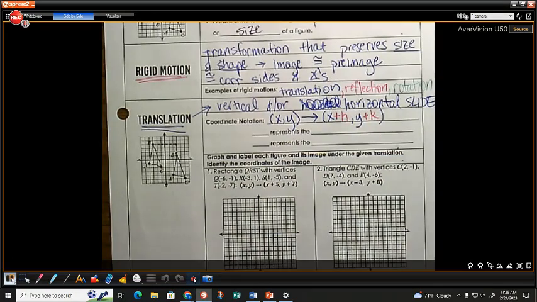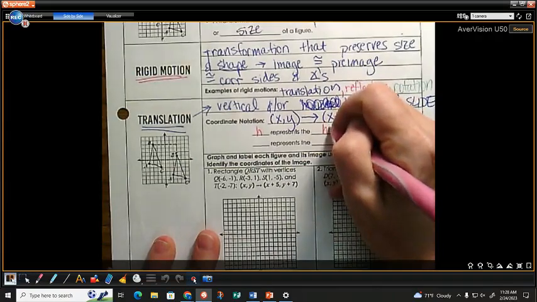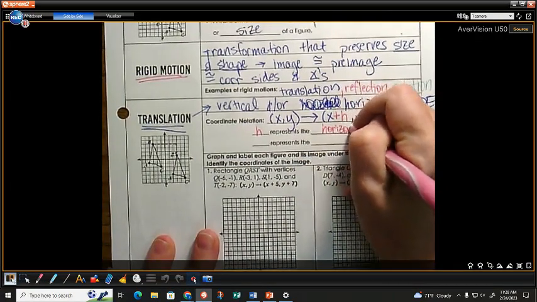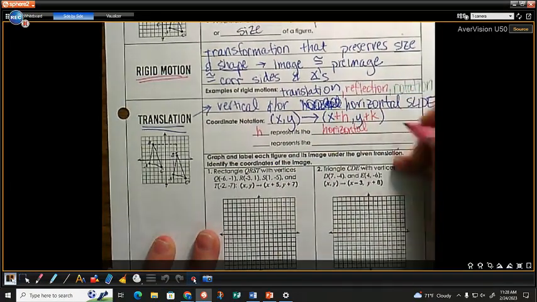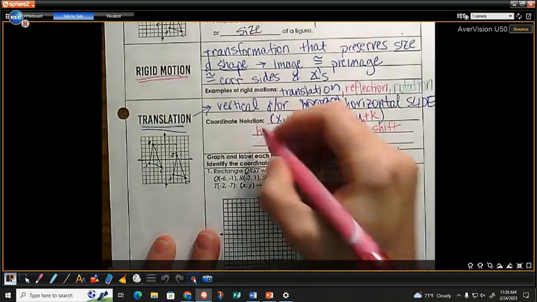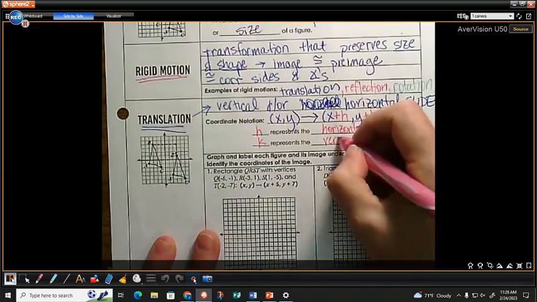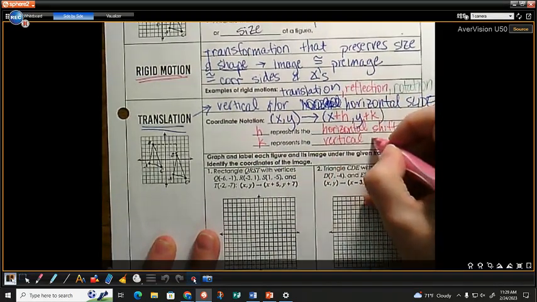Guess what we were translating on the circles? The center was getting translated to its new spot. And so h represents your horizontal shift, or your horizontal slide, and k represents the vertical movement.